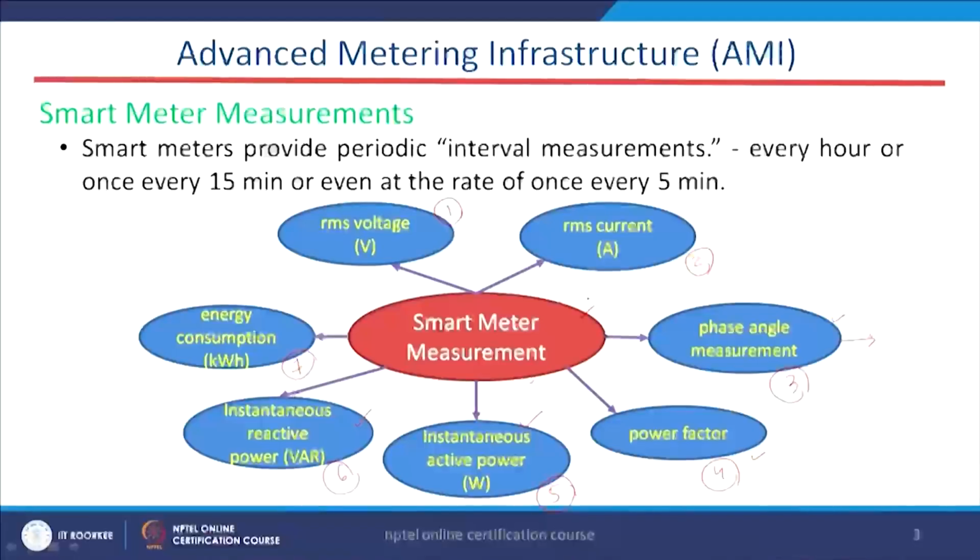So, the extra parts we are getting here, this RMS voltage, current, phase angle, power factor, instantaneous active power, reactive power, those fundamental or derived quantities we can use for further necessity, for further actions. That is the very important benefit or advantage of the smart meter. We should encourage the customers, they should be trained and encouraged to use smart meters inside their premises.